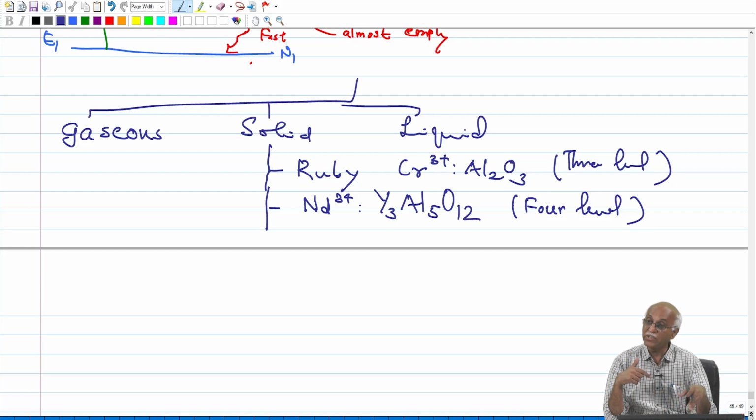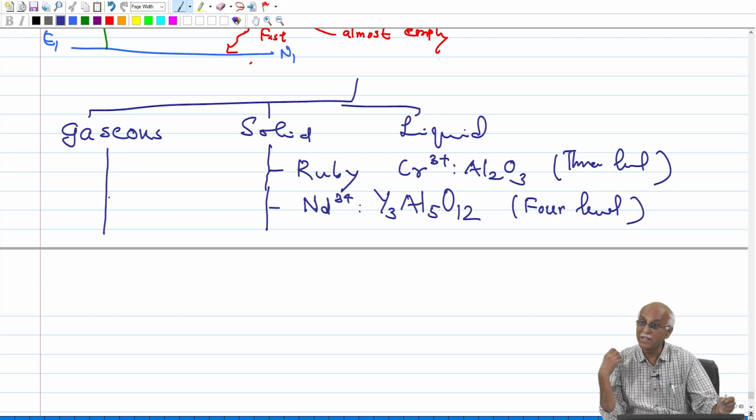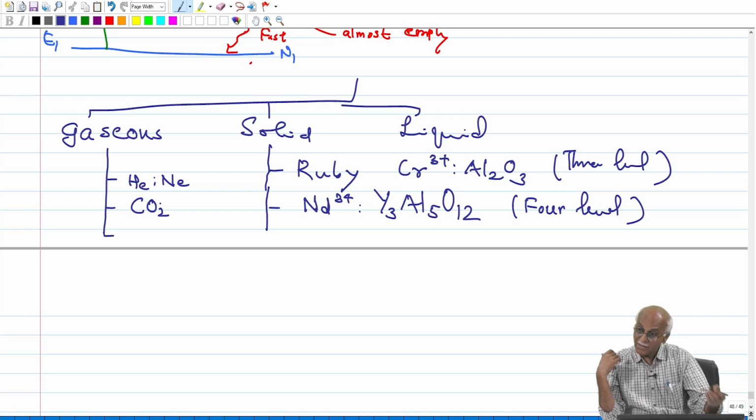We will try to see some of those examples. Similarly, there are gaseous molecules also, combinations of gases such as helium, neon laser, or CO2 laser, or excimer lasers. Excimer materials are there, and such gaseous materials allow the amplification.